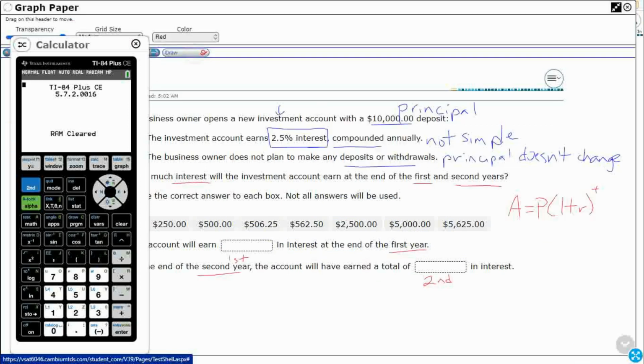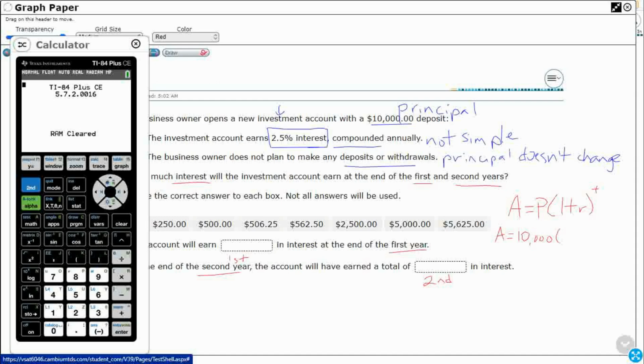All right, so what is this A? That's the total amount. Now, we're not looking for the total amount. We are looking for the amount of interest. So we're going to have to subtract that $10,000, okay? But this principal here, what is that principal? Well, we said it was $10,000. Now, when we do the interest rate, it's 1 plus the interest rate, because if it's a growth rate, right, we want it to be over 1, and it's 2.5%.